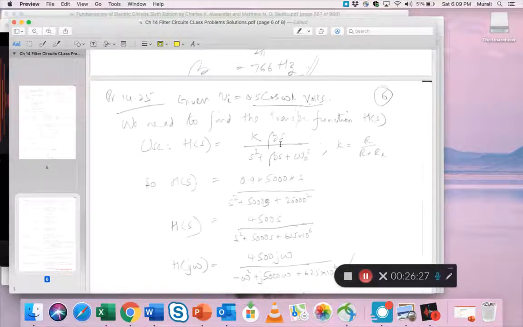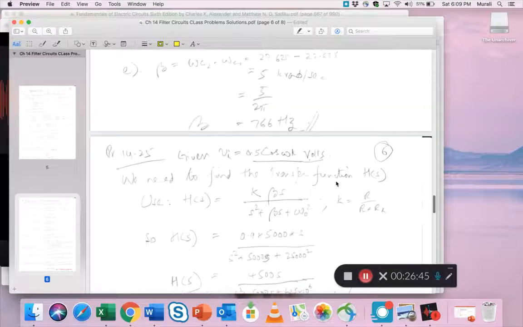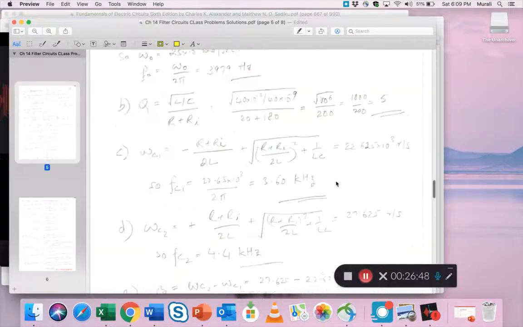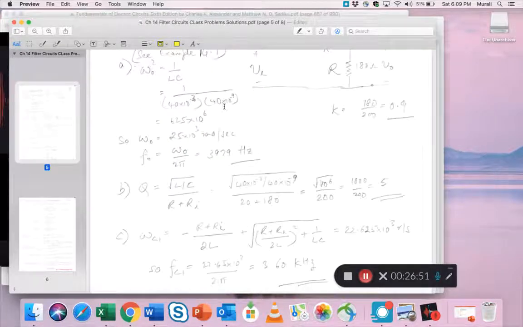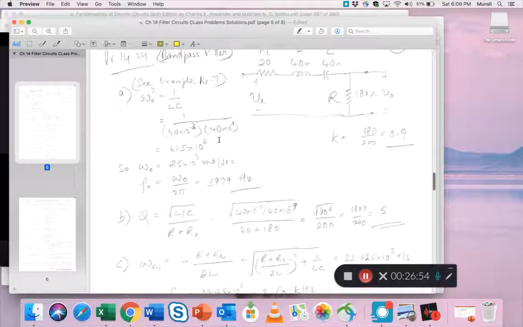Okay, so we have the formula, we know beta, we know K, we plug all that in and we come up with an expression in S. And we also know omega 0, right? We calculated that: based on all these R, L, C values, one of the first things we did was to calculate the center frequency as 25,000 radians per second.